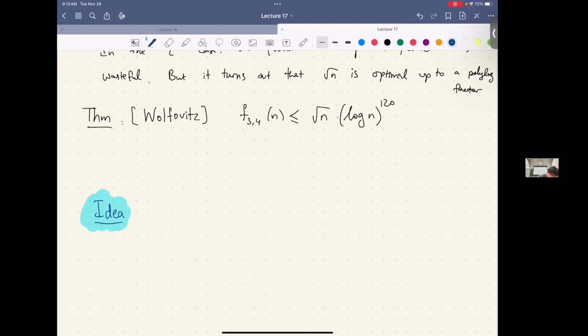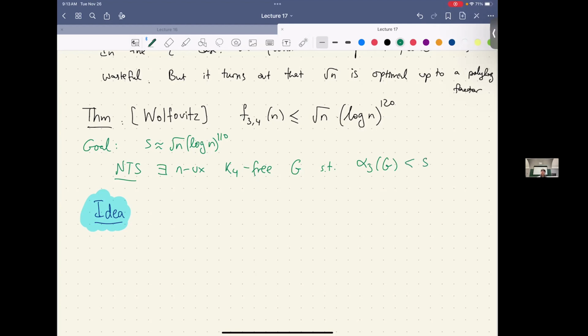It means that if we set s to be roughly square root n, times log n to some power, we need to show that there exists an n-vertex K4-free graph G such that alpha_3 of G is smaller than s.